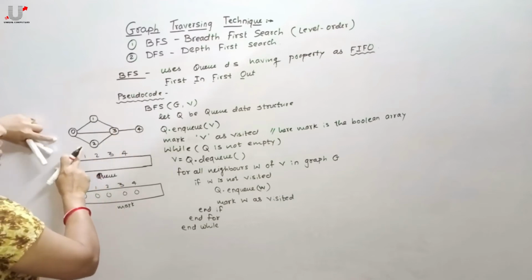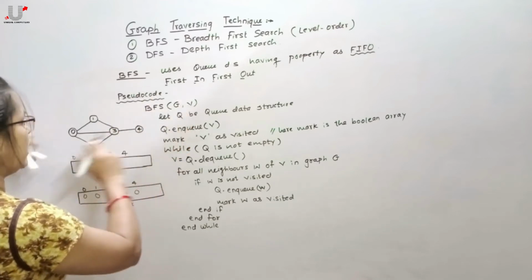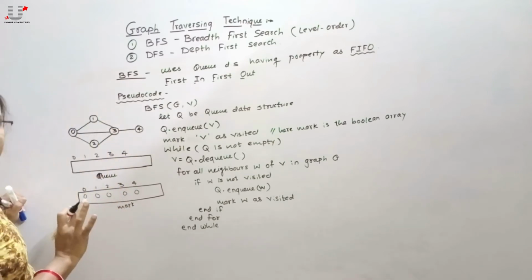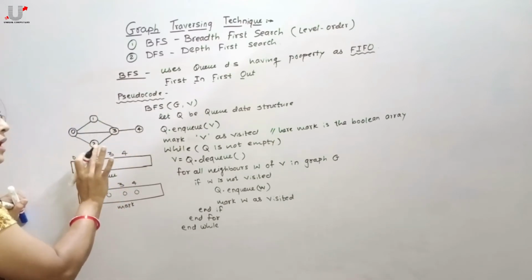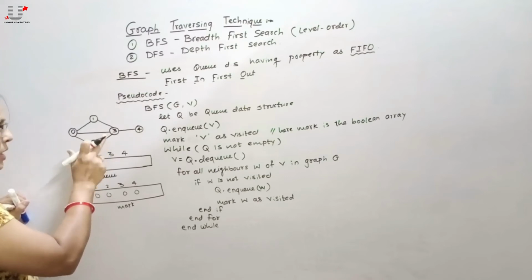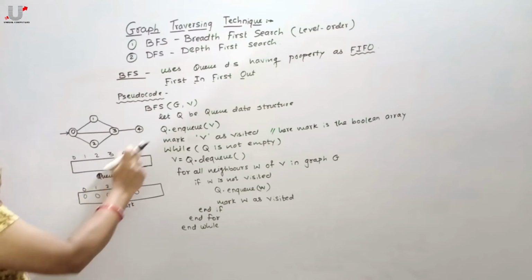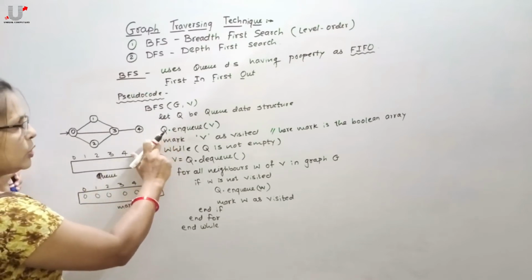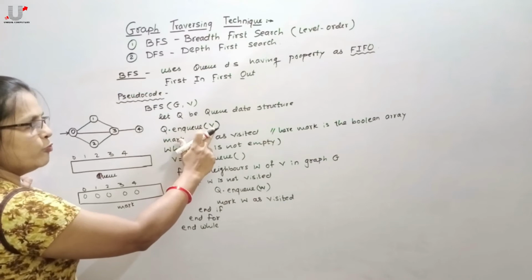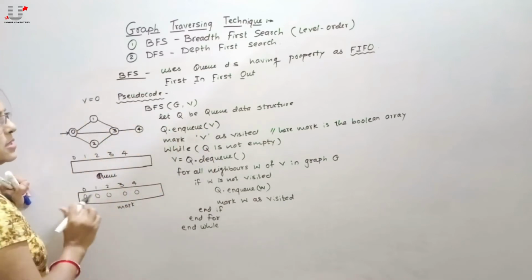This is a given graph G having a starting vertex V. If the starting vertex is not given, you can assume any node as the starting vertex. Here I assume 0 as the starting vertex. So Q.enqueue(V). Here V indicates the starting vertex, which is 0.